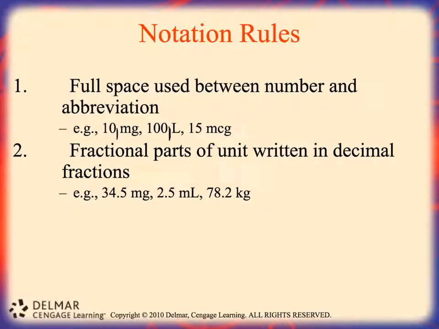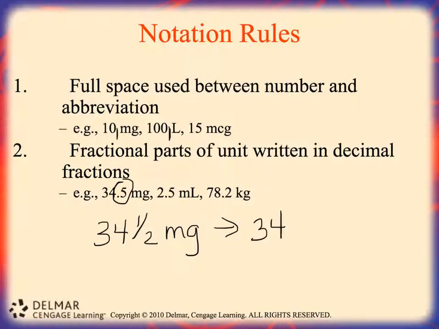Fractional parts of a unit are written in decimal fractions, right here. So we would not write a fraction for 34.5 milligrams. The correct notation is 34.5 milligrams. So that's always written in decimal form.